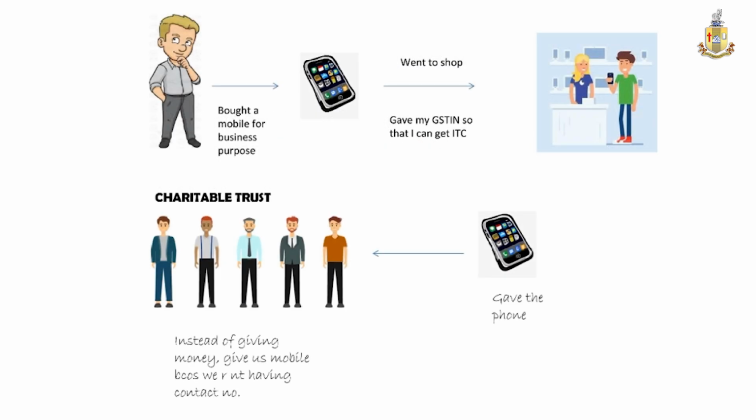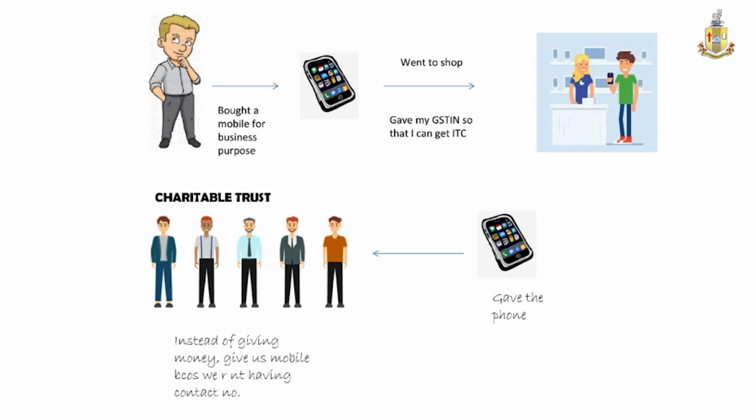Say, for example, you are Mr. A. You bought one mobile phone and you are using it for business purposes. You applied for GST and you are getting input tax credit for this mobile.